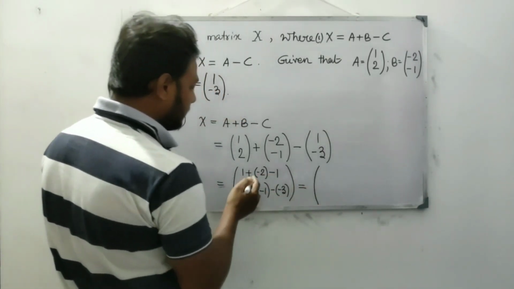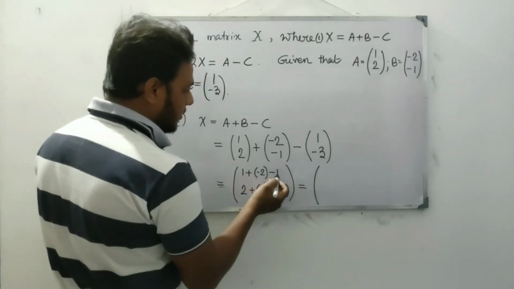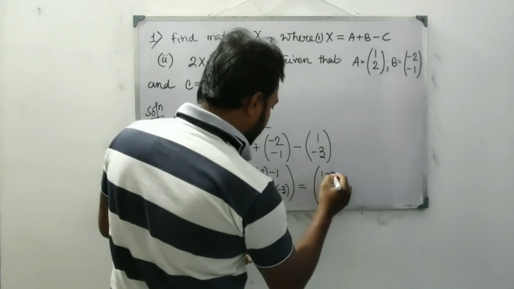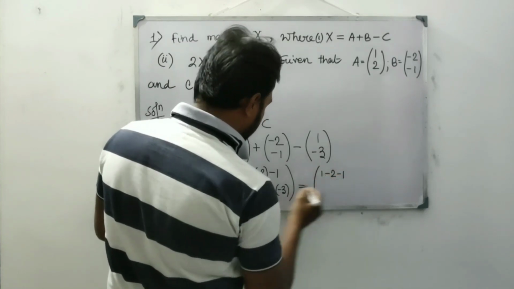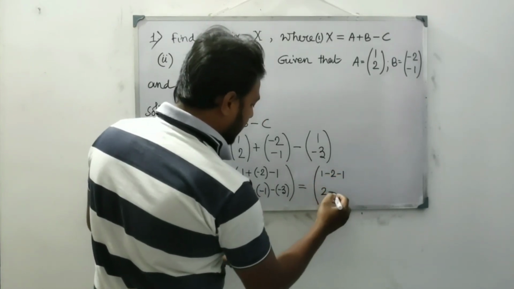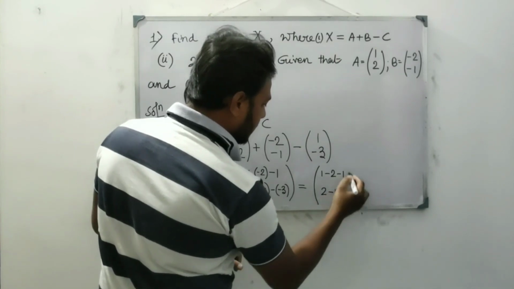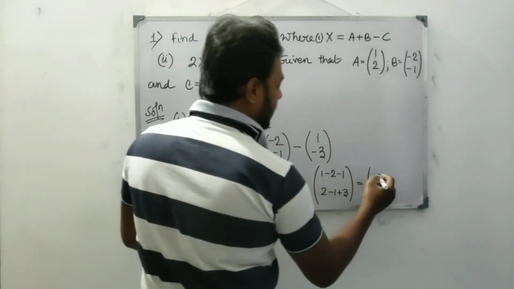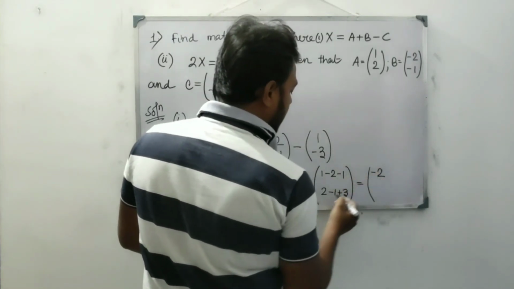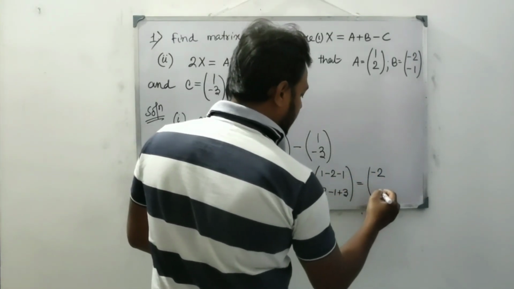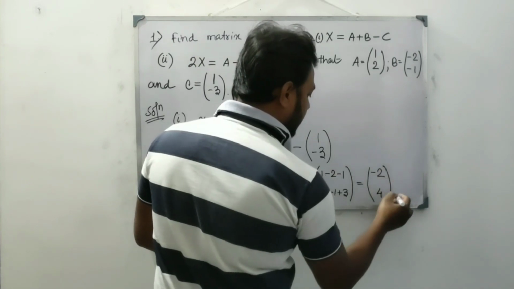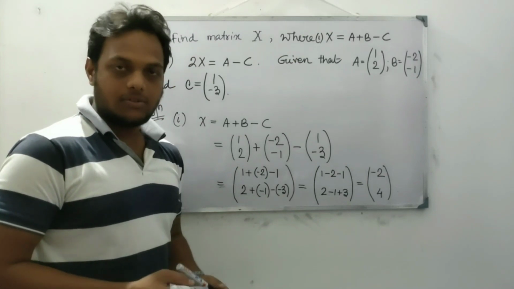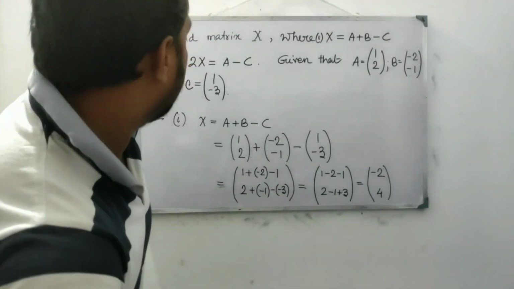It equals 1 minus 2 minus 1, and the second element will be 2 minus 1 plus 3. Okay, this is nothing but minus 2, and this will be 4. So this completes the solution of the first one. So this is our X. Understood?